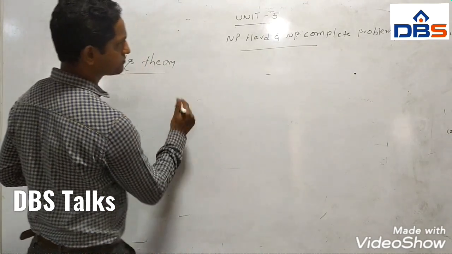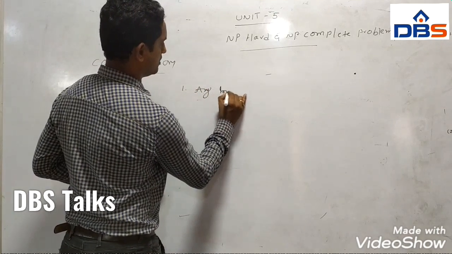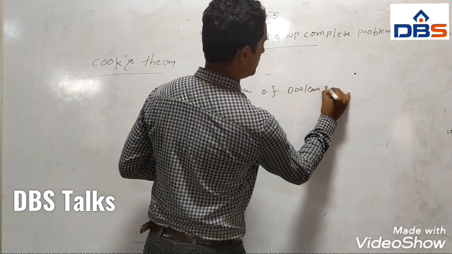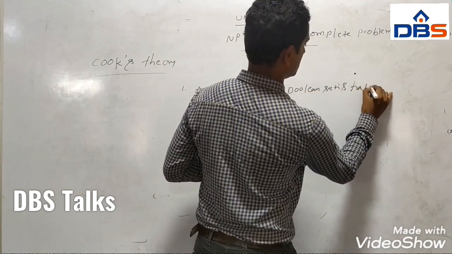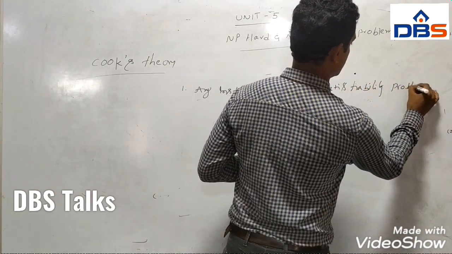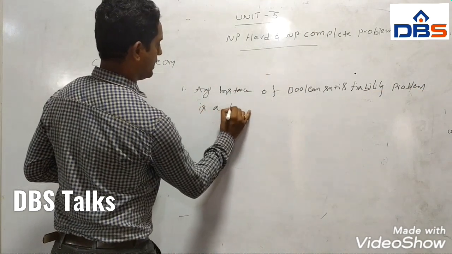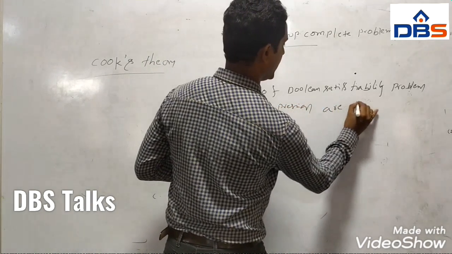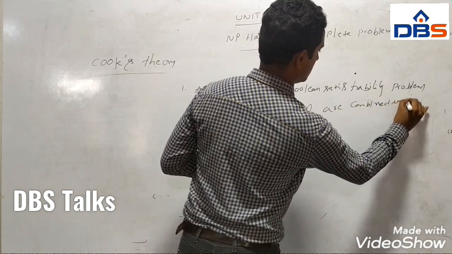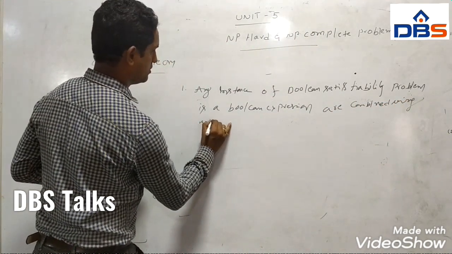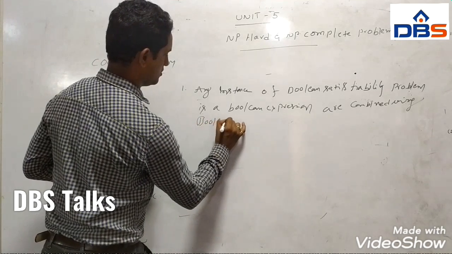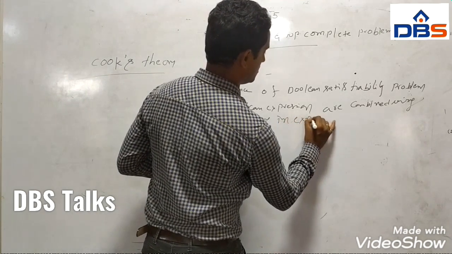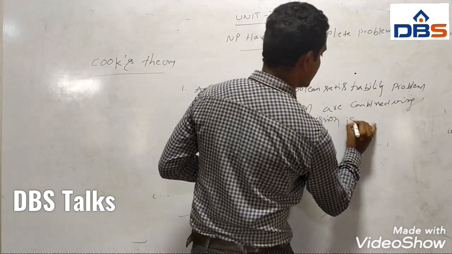Okay, see the first property. Any instance of the Boolean satisfiability problem is a Boolean expression, in which variables are combined using Boolean operations, and the expression is satisfiable.